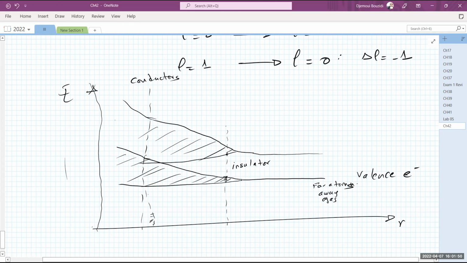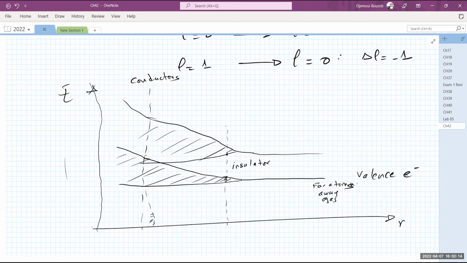As a matter of fact, with a little bit of temperature, they can find themselves free to go. At 0 Kelvin, they will not be able to move because they will be in the valence band. But there is an overlap at some point in here. They're completely free from their own atoms at room temperature. So in a sense, it's like a free gas of electrons.